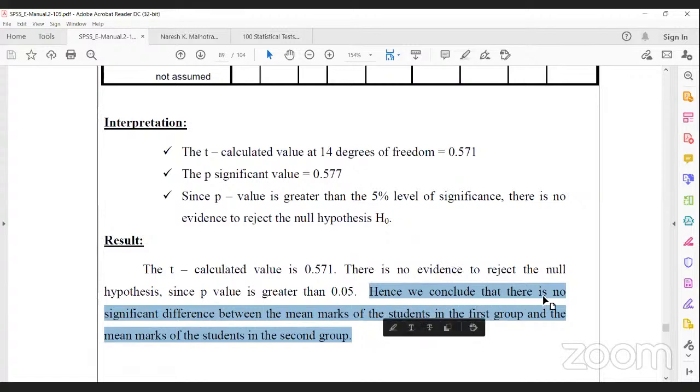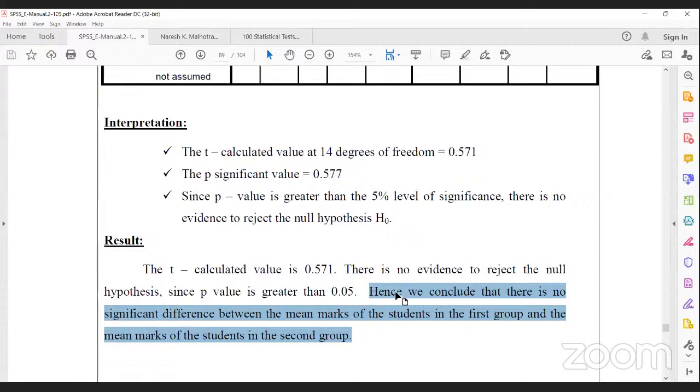Hence we conclude that there is no significant difference between the mean marks of the students in the first group and the mean marks of the students in the second group. This is the thing you need to remember for the t-test for equality of means.